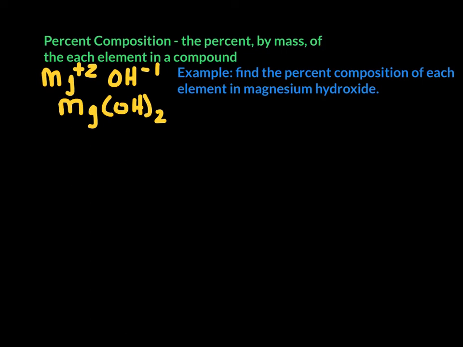So how do we go about getting this percent by mass? Well, you need to look up the mass of every element in the compound. So I'm going to color code this. So we'll start with magnesium. We have 1 magnesium, and so that is going to be equal to 1 times 24.30, not 30.